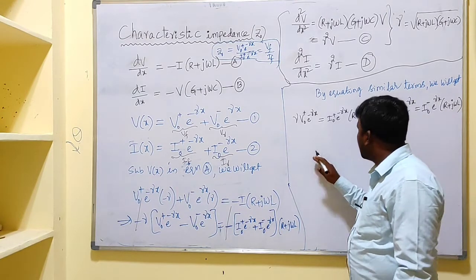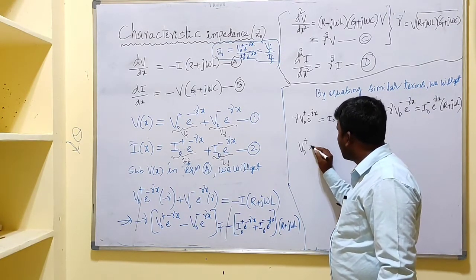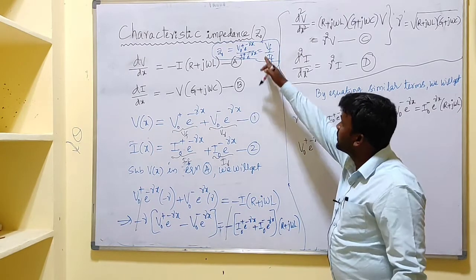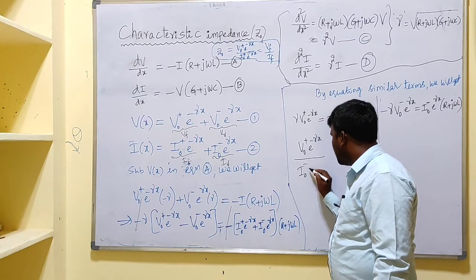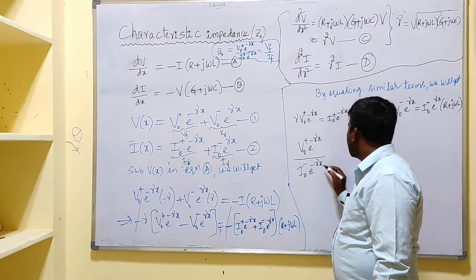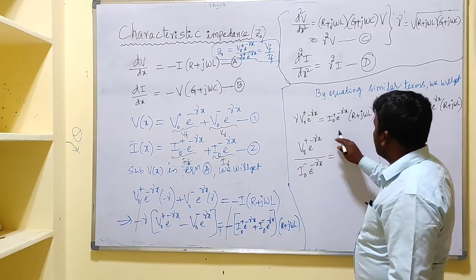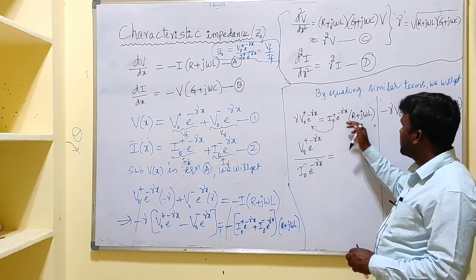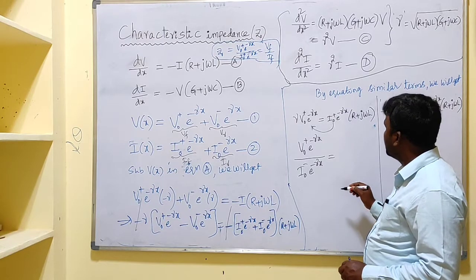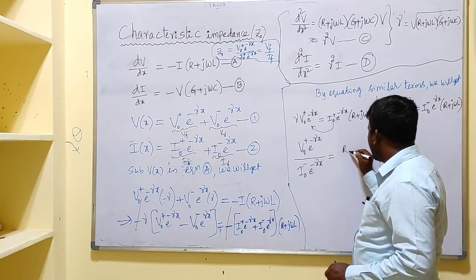Basically we require the ratio of the forward voltage to the forward current, that is V naught plus e to the power minus gamma x by I naught plus e to the power minus gamma x equals what? We need to send this term to this side, and the remaining is r plus j omega L.